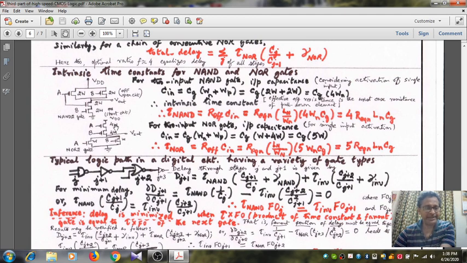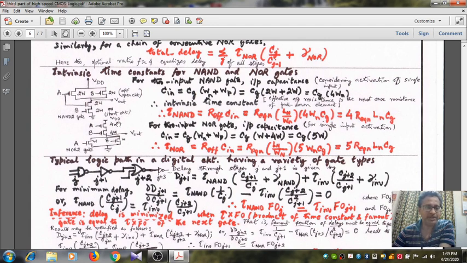Okay, my dear friends, you can tell me now what is the time constant of a 3 input NOR gate? Can you tell me? So recall that for a 3 input NOR gate there will be 3 PMOS transistors each having the width 6W, and 3 NMOS transistors in parallel. So then for single input activation, as we will have a single PMOS transistor having width 6W and here W, what will be the input capacitance?